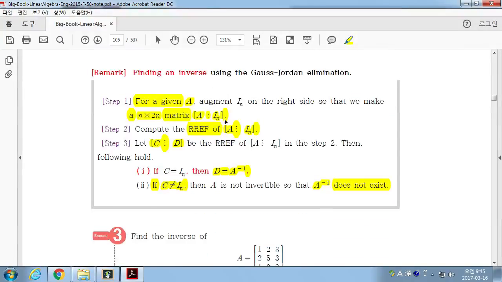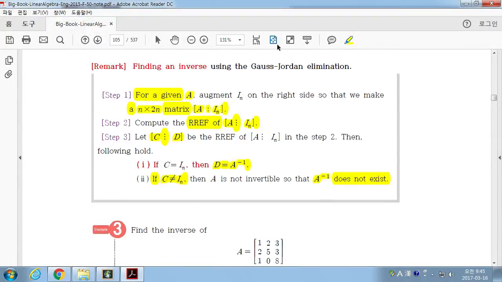Okay. So this is the rewriting of the above theorem step by step using the Gauss-Jordan elimination.